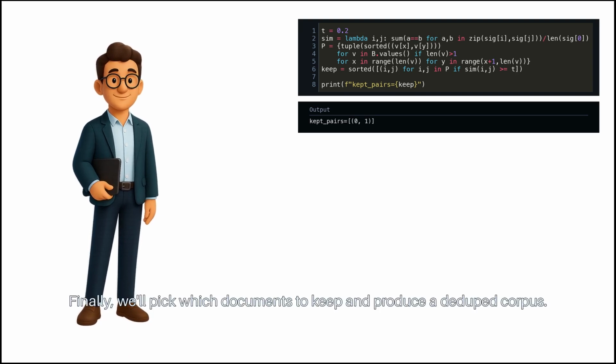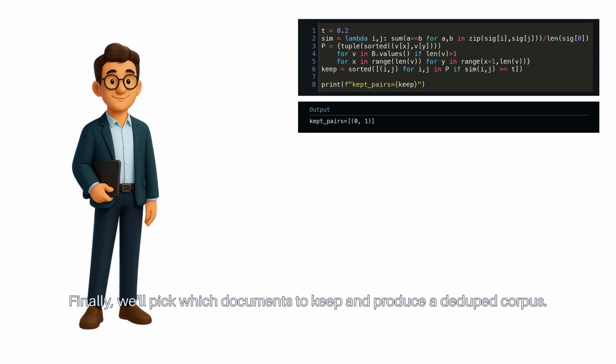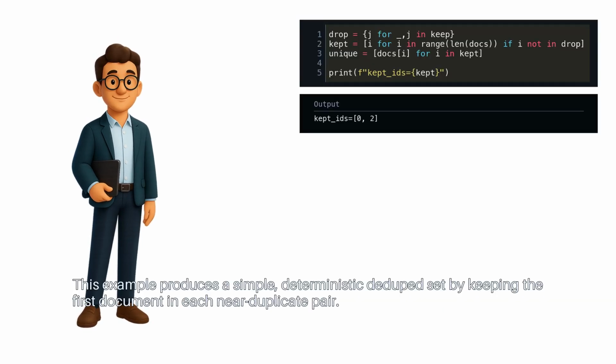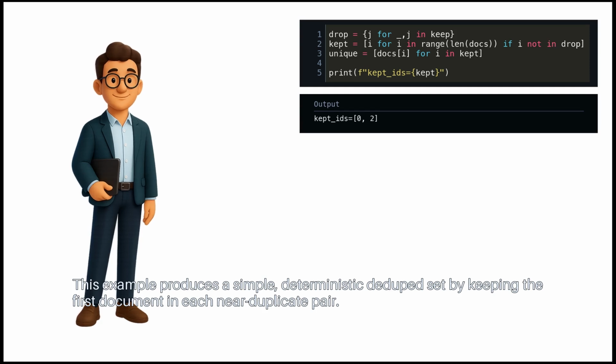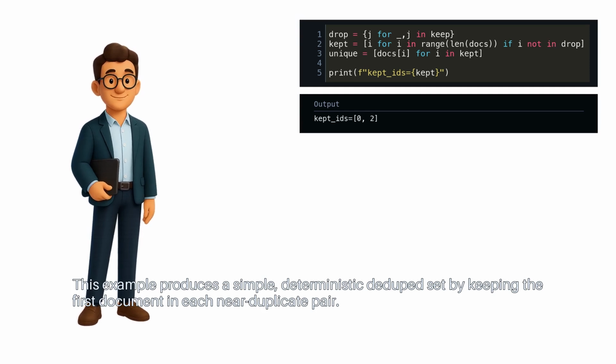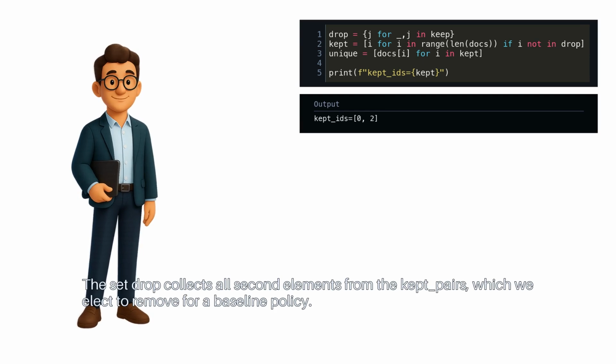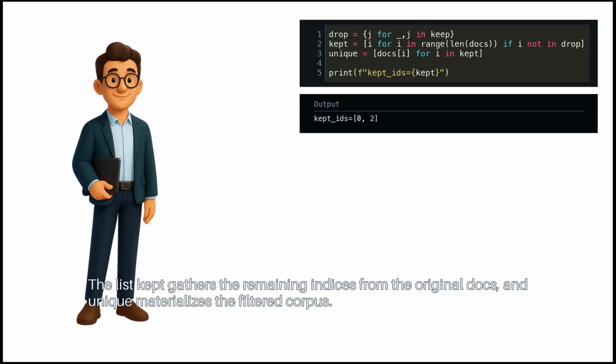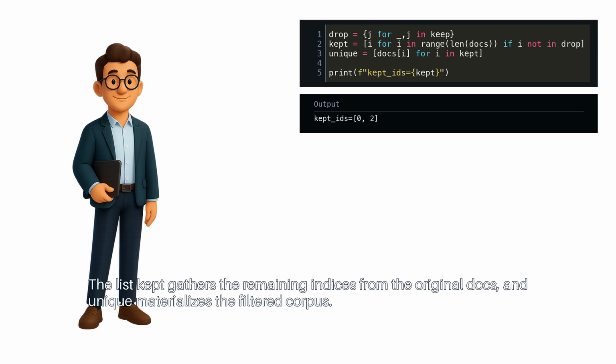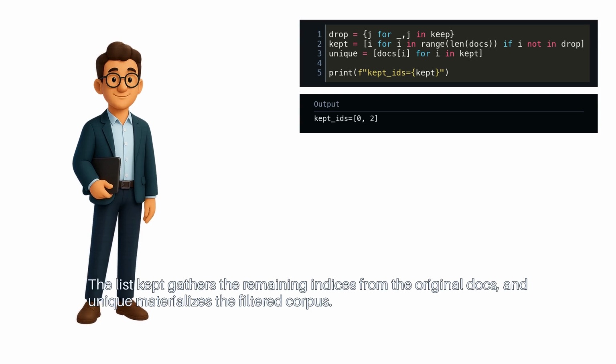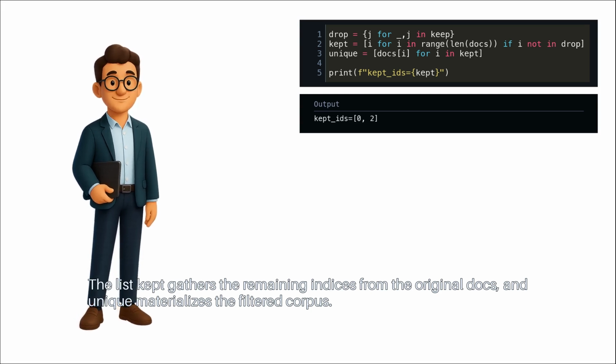Finally, we'll pick which documents to keep and produce a deduped corpus. This example produces a simple, deterministic dedupe set by keeping the first document in each near duplicate pair. The set drop collects all second elements from the kept pairs, which we elect to remove for a baseline policy. The list kept gathers the remaining indices from the original docs, and unique materializes the filtered corpus.